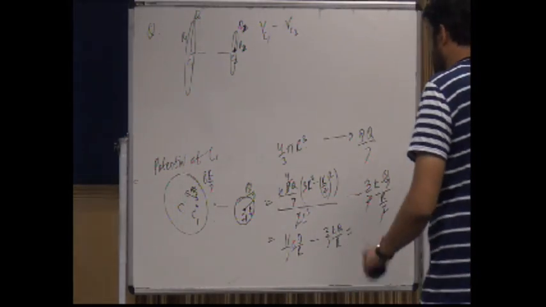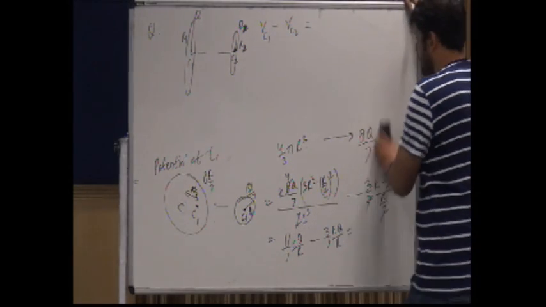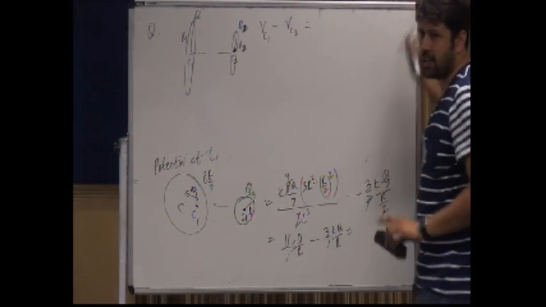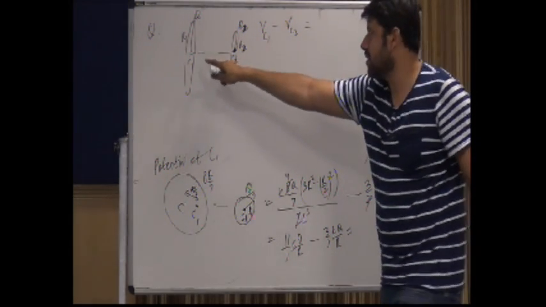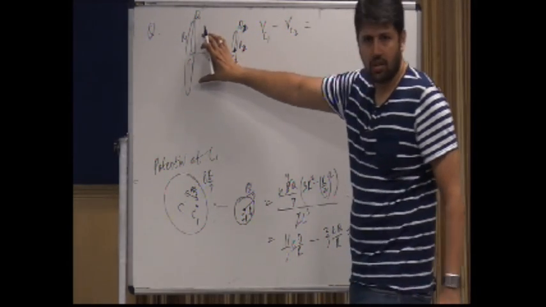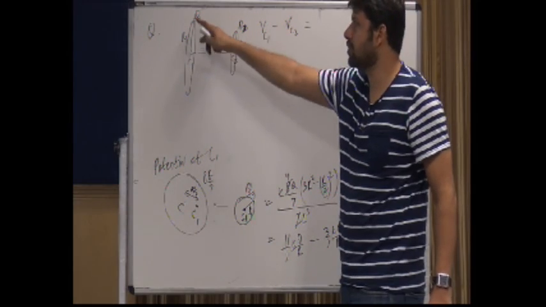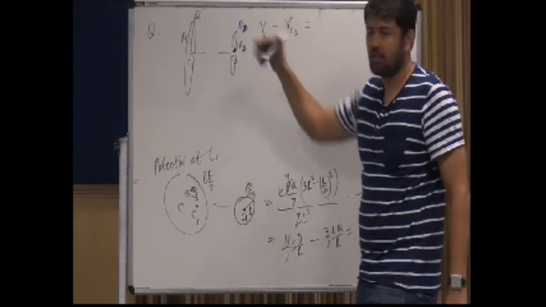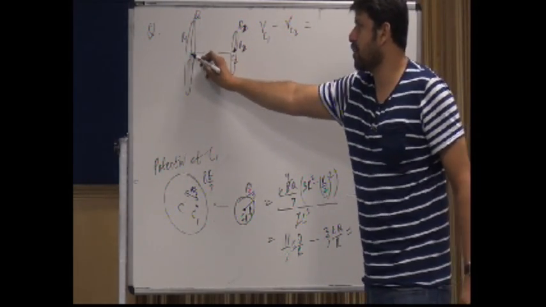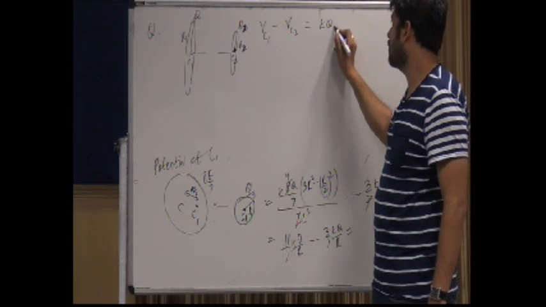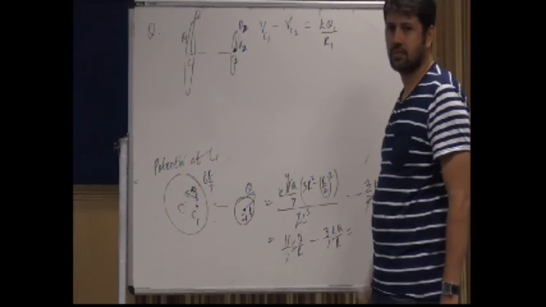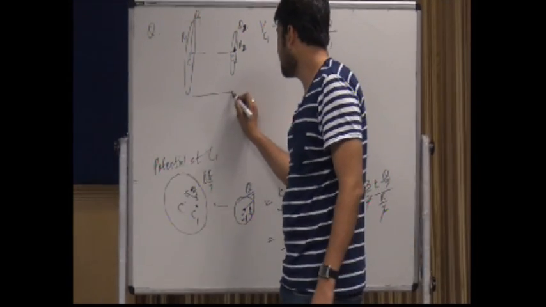The question which was asked was a little different. I'll come to that. The potential at C1 due to the charge Q1 would be how much? This is the center of the R1 ring, so the potential would be kQ1/R1. Let's say the distance here is given as some d.